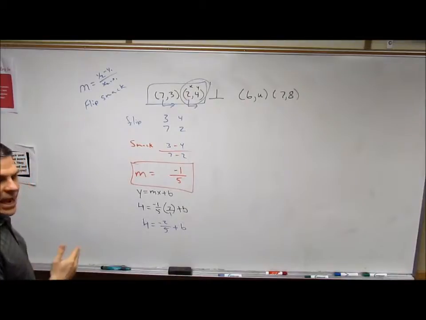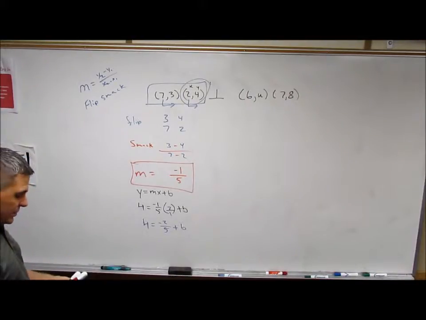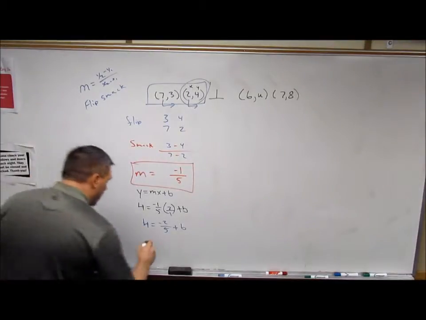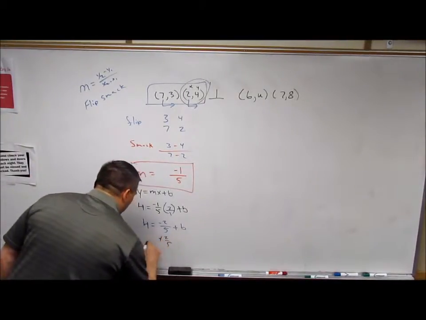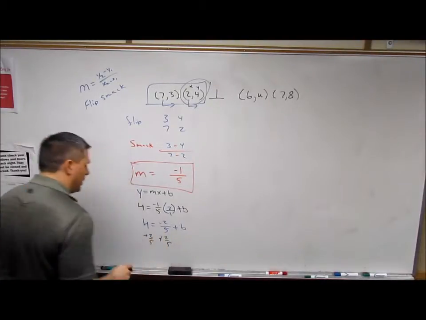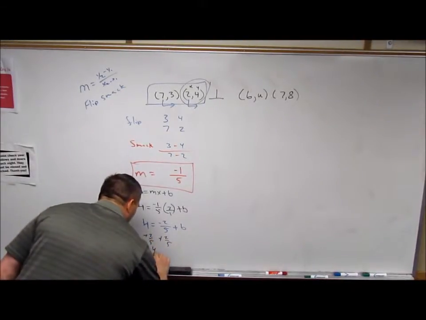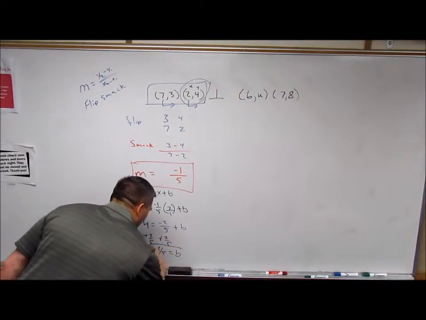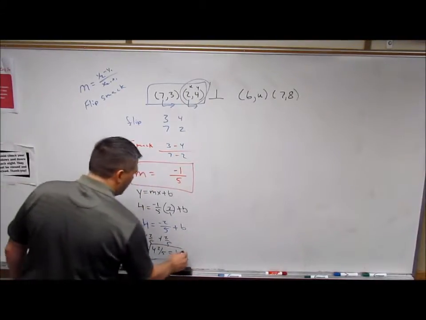And now I'm going to add it to both sides. And what's nice here is because I'm adding plus 2/5 plus 2/5, it's real simple. It's 4 and 2/5 equals b. So there's my b.